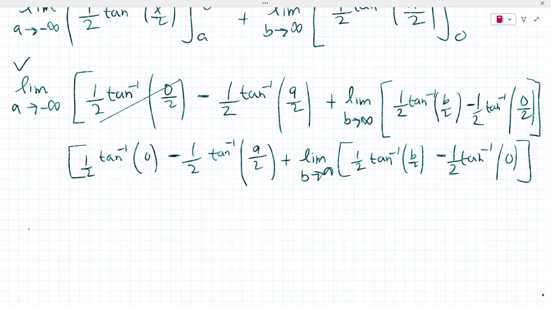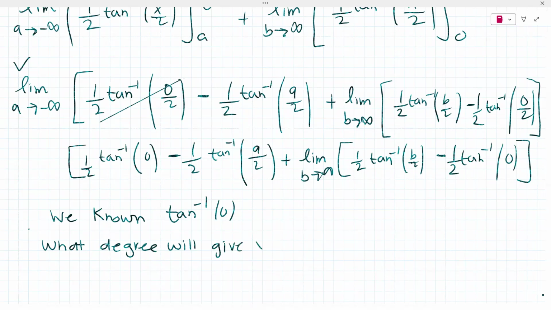Yeah, so we know that tan inverse of 0... What degree gives you tangent of 0? 0. Okay, so this is 0, so now you're left with this.